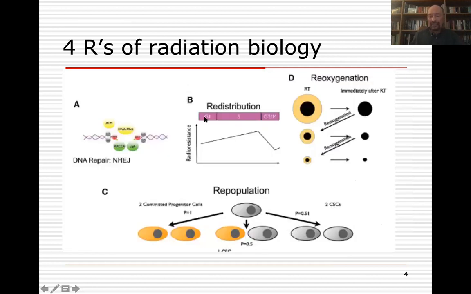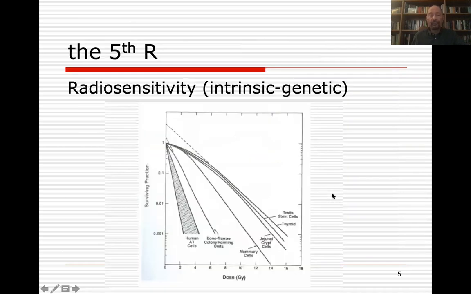This is also how you can represent the 4R, let's say from the practical point of view. We will see why we have this curve. What is reoxygenation? Repopulation, I told you, only means that you can repopulate a tissue that has been severely damaged. There is a 5th R, which is the intrinsic genetic radiosensitivity.